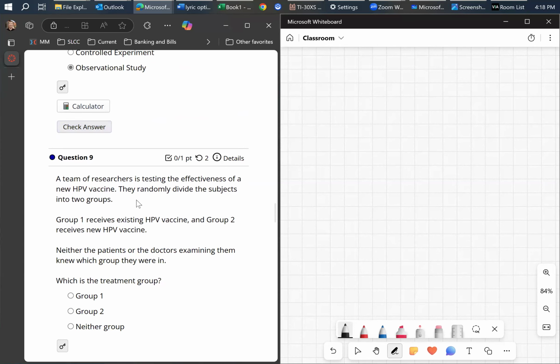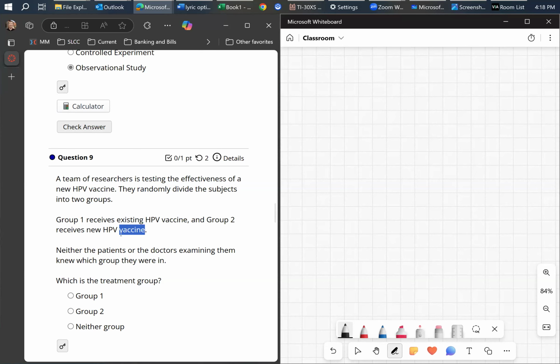Question 9. A team of researchers is testing the effectiveness of a new HPV vaccine. They randomly divide the subjects into two groups. Group 1 receives an existing vaccine, and group 2 receives a new vaccine. So this is common when you're trying to find a drug or medicine that works better than the current drug or medicine that's being used. So this is not a placebo-controlled experiment because if there is a drug that is available that works, you can't give someone a placebo.